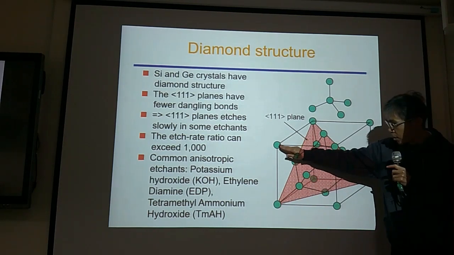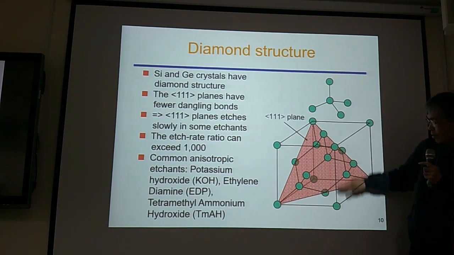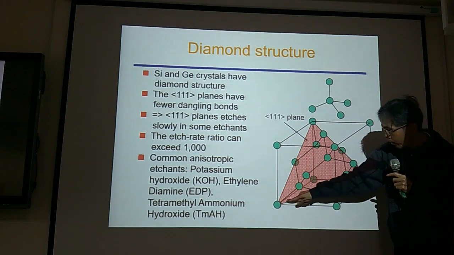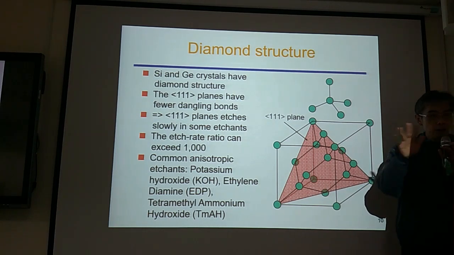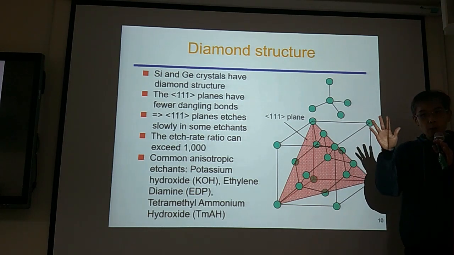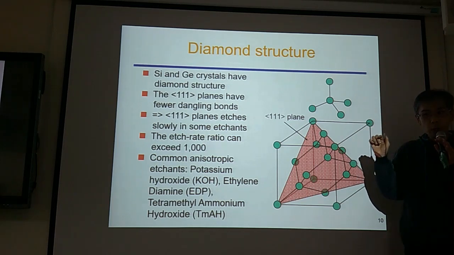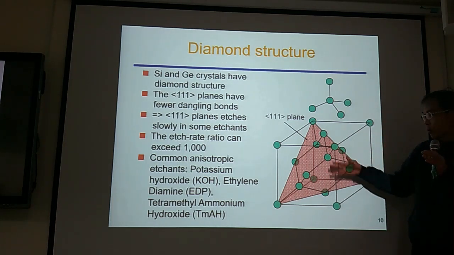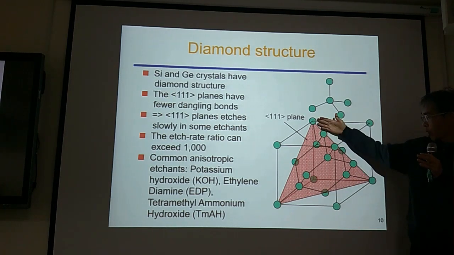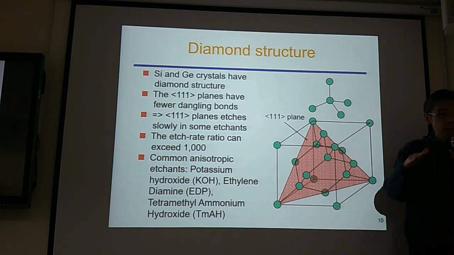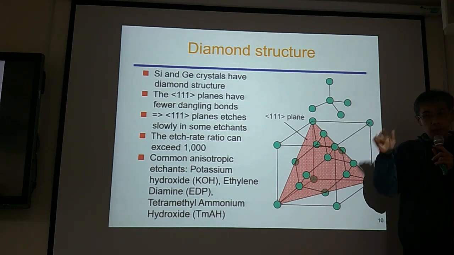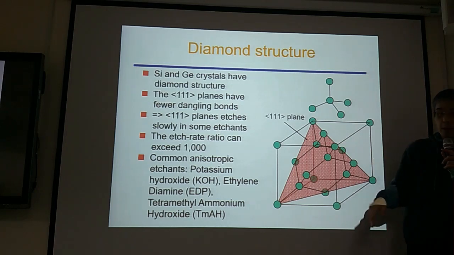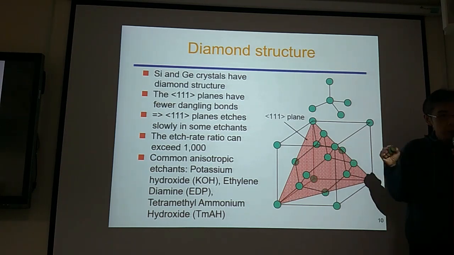Compare these 3 planes: the 1, 0, 0 plane, the 1, 1, 0 plane, and the 1, 1, 1 plane. The 1, 1, 1 plane has more atoms in the plane compared to the 1, 0, 0 or 1, 1, 0 plane, so the etching speed is slow.